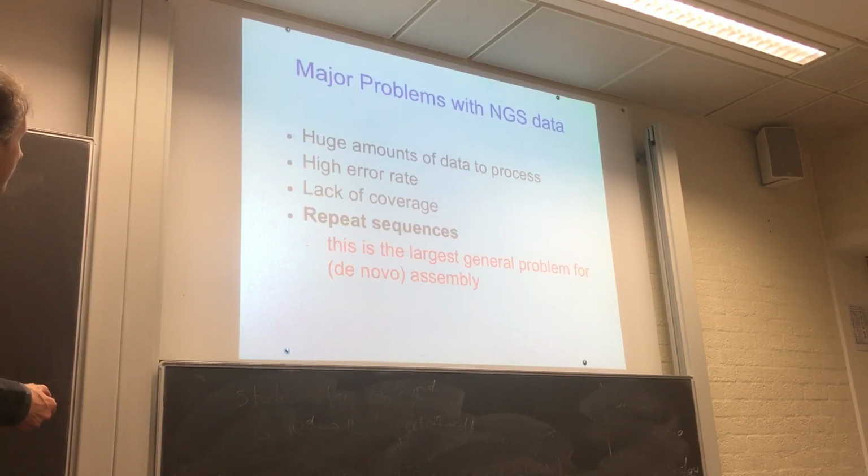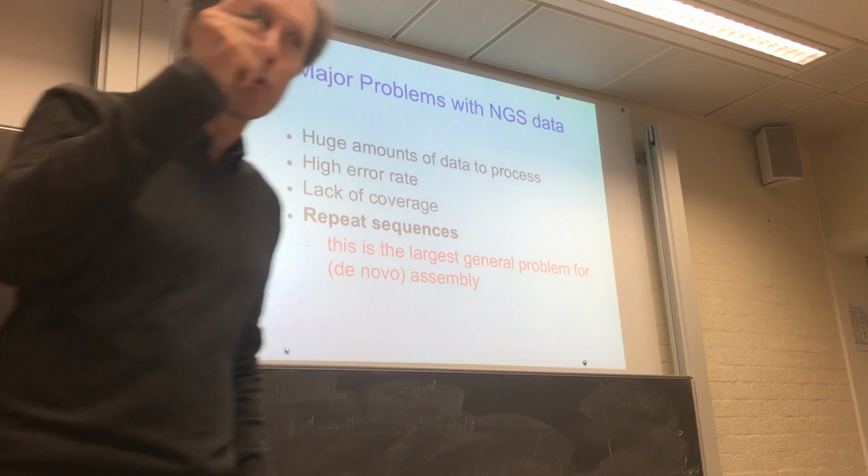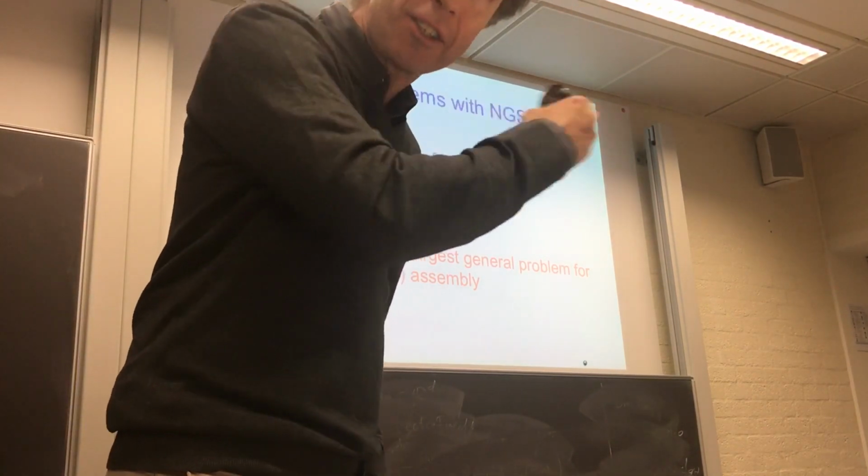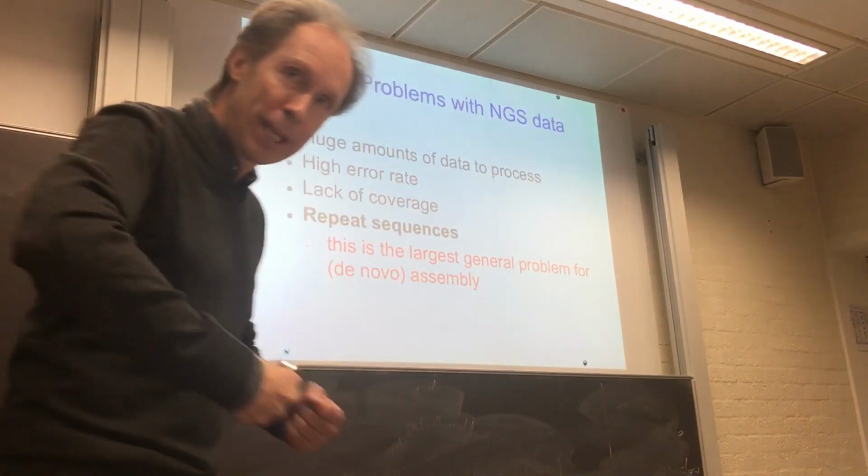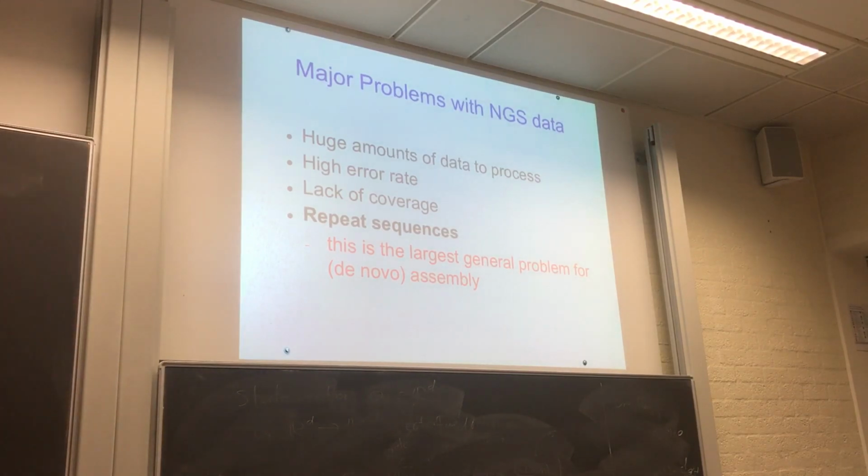Okay, so again, we talk about really huge amounts of data. And for your second assignment, you'll run for at least 2 hours to build the assembly, right? A big computer will do that for you. Be happy you don't need to do this by hand. So error rates, lack of coverage, we know all of this. And the repeat problem is considered to be the largest problem.